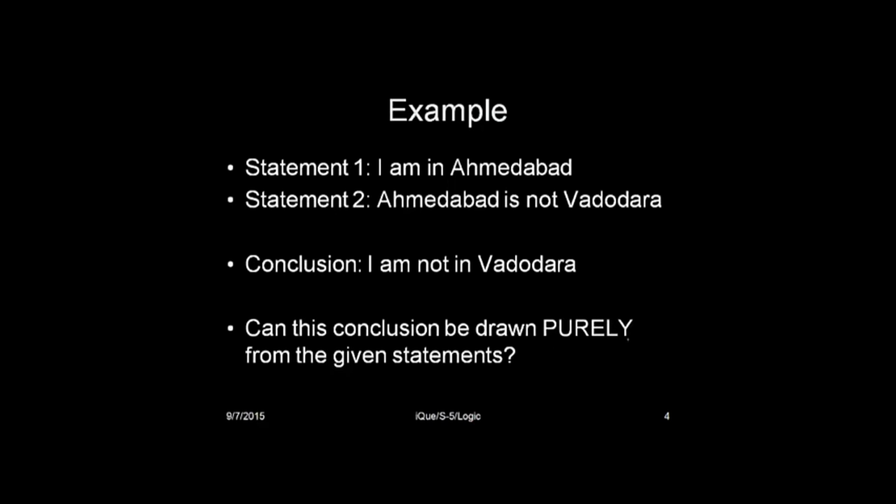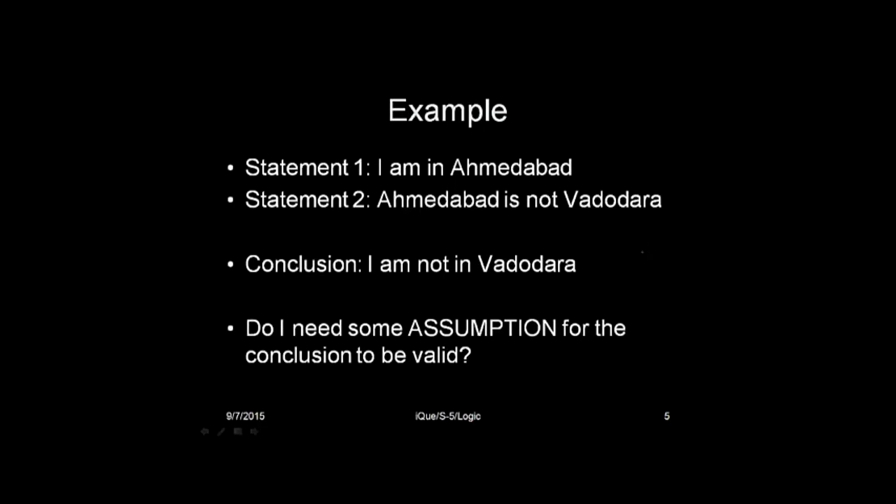Or is it possible that there is some situation where you can say that the given conclusion is wrong? So, in short, do I need an assumption, a third fact, to be true for the drawn conclusion to be valid? Or if I'm in Ahmedabad and Ahmedabad is not Vadodara, then for sure I can only conclude that I'm not in Vadodara. Think about it.